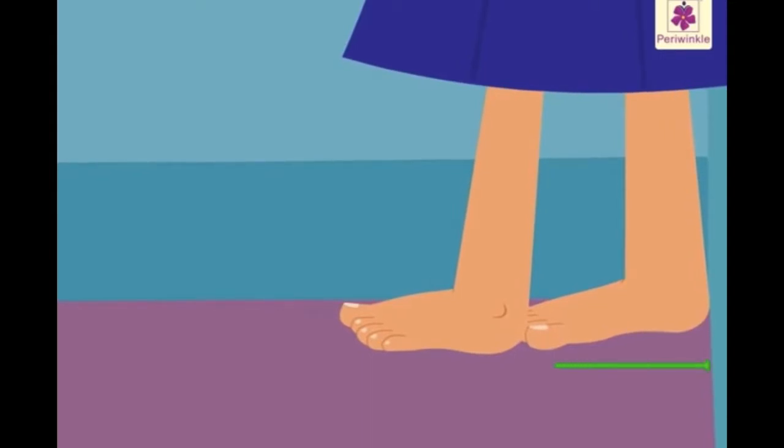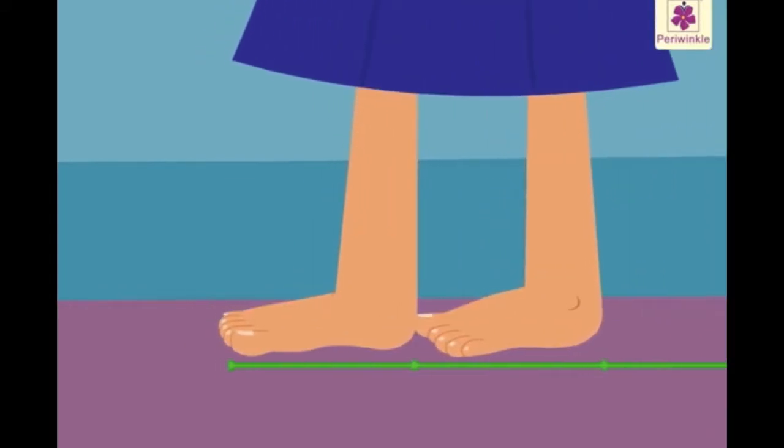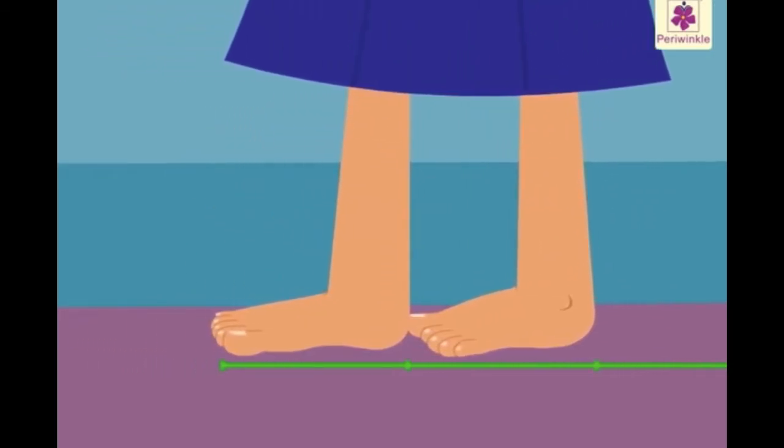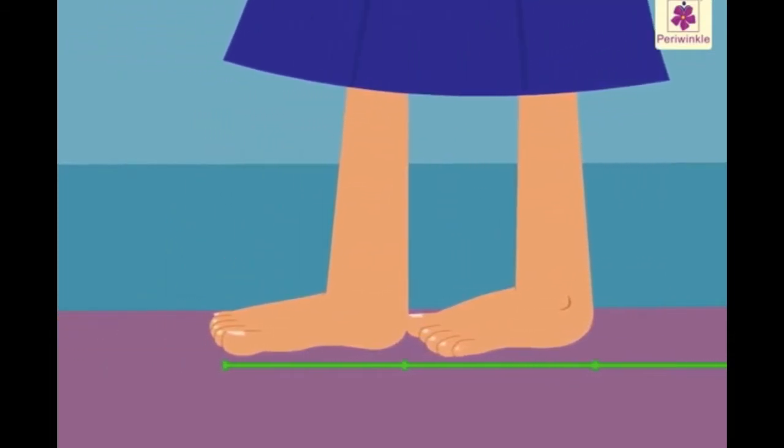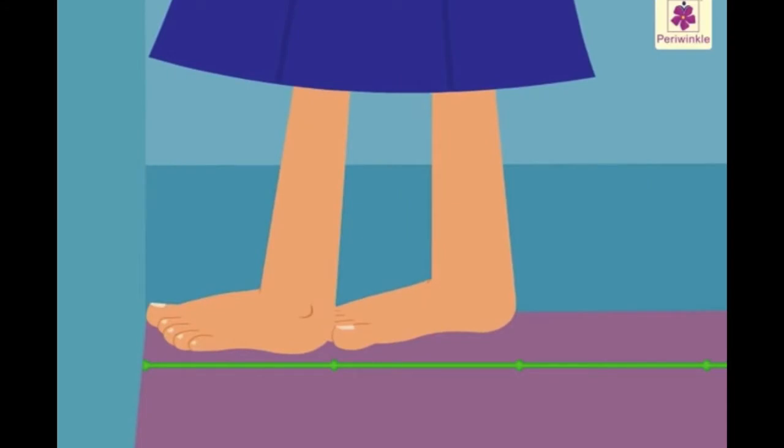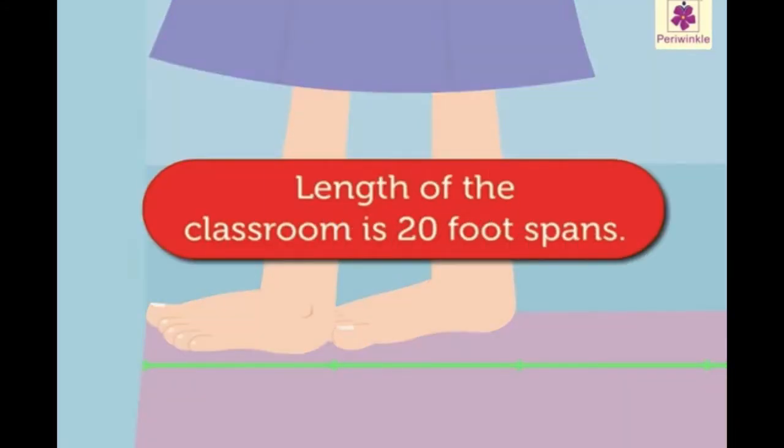Let's measure 1, 2, 3, up to 20. So, the length of the classroom is 20 foot spans. You too can measure the lengths with your body parts and have fun.